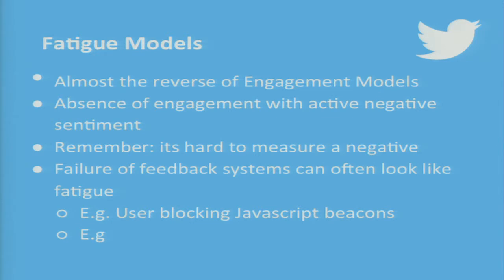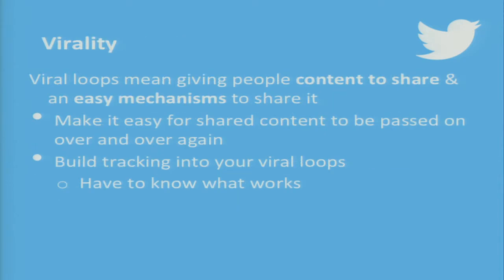That might look like they're fatigued, but no, that's actually a failure of your feedback mechanism. That's probably what I've seen in my experience as being one of the main gotchas when it comes to fatigue models: it's actually a feedback failure and not fatigue. So that's something to always think about when you're building that model. Can a feedback failure actually be driving this number when it shouldn't be? So something to keep in mind.